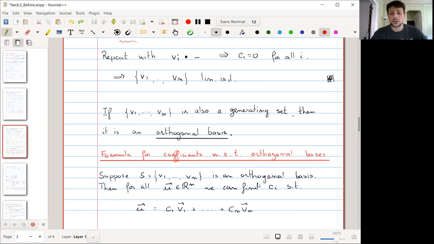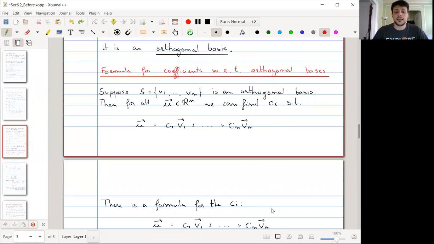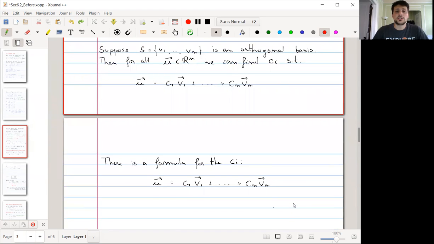But since it's orthogonal, we actually have a formula for the coefficients. So we can find a way to write any vector as a linear combination of these explicitly, knowing what the ci's are. So how does the formula work?